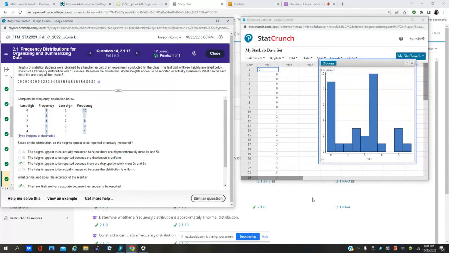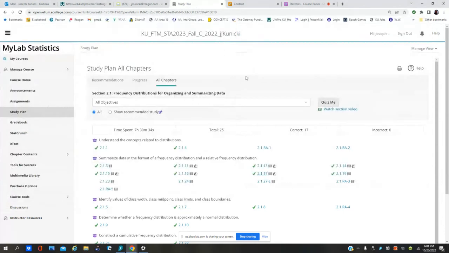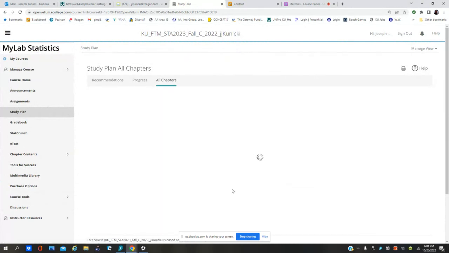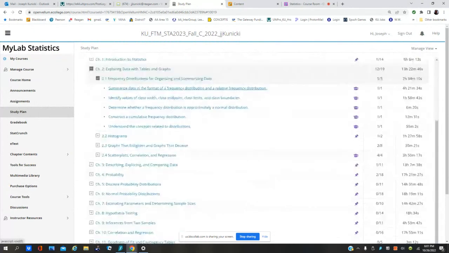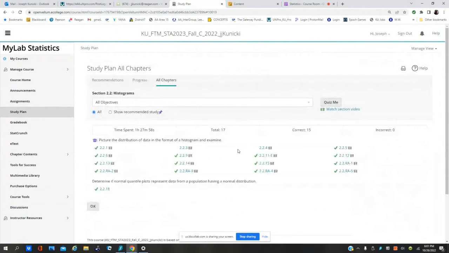All right, so if you look at problem 2.2.15, there they give you the frequency distribution and ask you to select the correct histogram from that. I suppose I could open it up and show it. Let's look at it. 2.15.